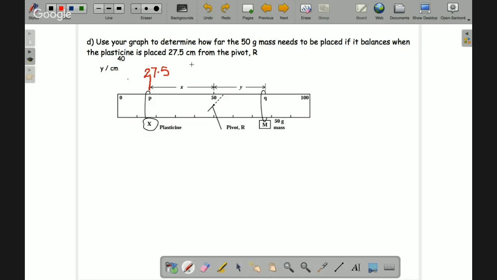So it means that x is 27.5. It means that this distance here is 27.5 centimeters.